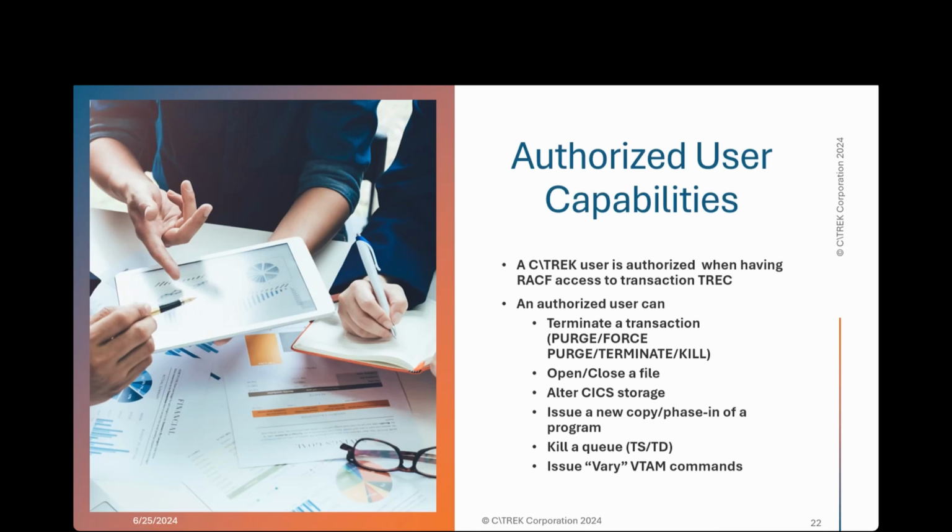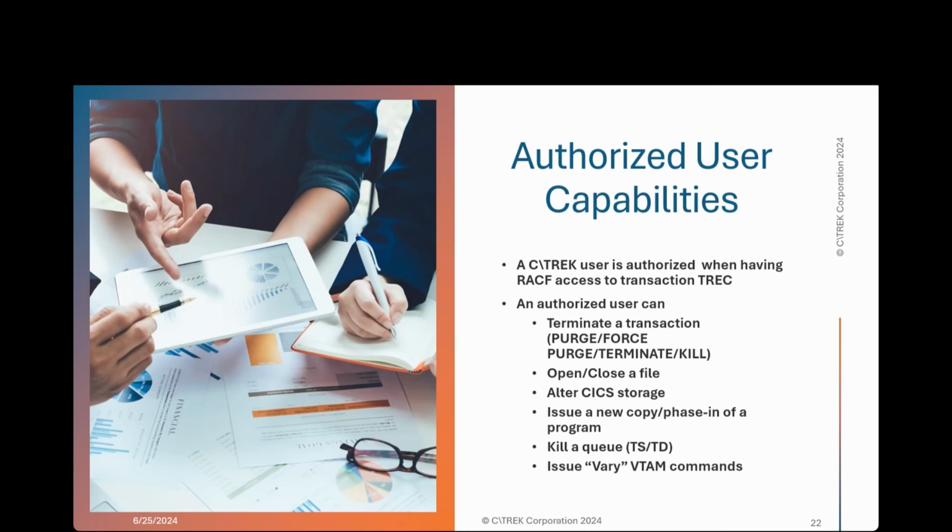And you now have the kill option. And as IBM warns you, and CTREC will also warn you, a big disclaimer there. It tells you, use this as a last resort, because you could bring down the system. Okay, but again, it's available. You can do it with a CEKL transaction. And what we do is implement the CEKL transaction online. Okay, you can open and close files.